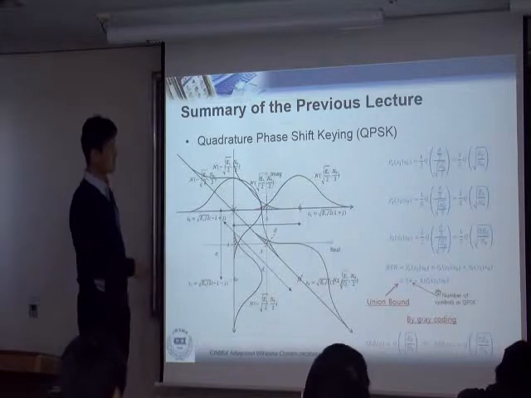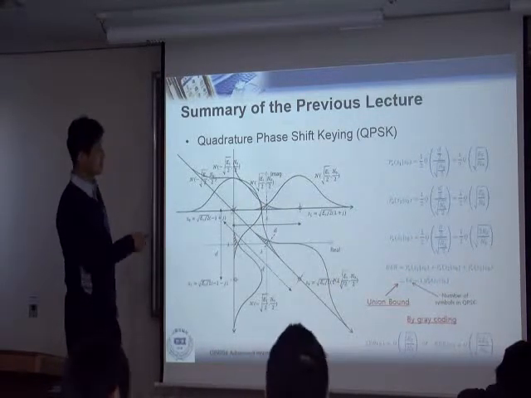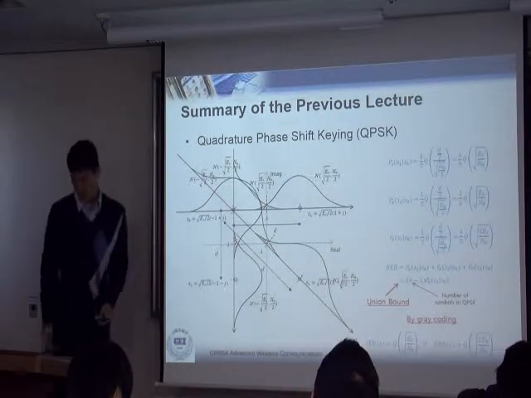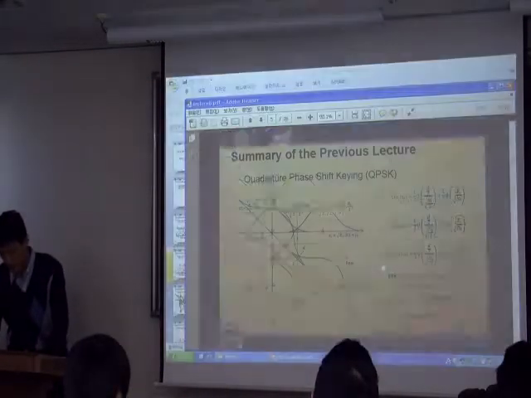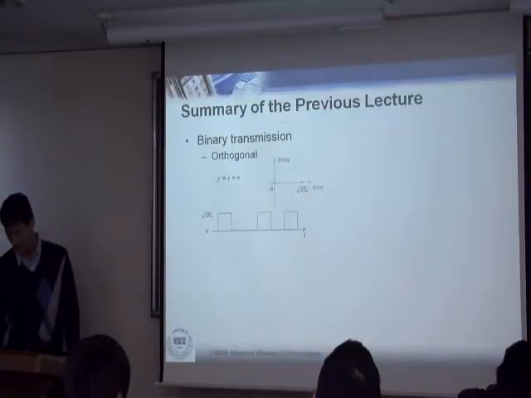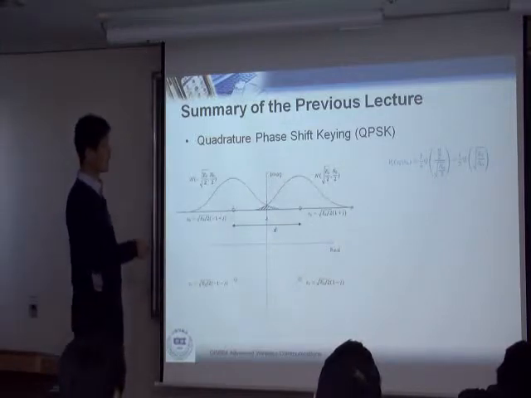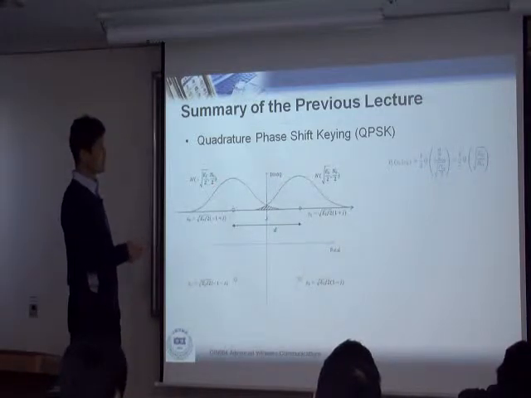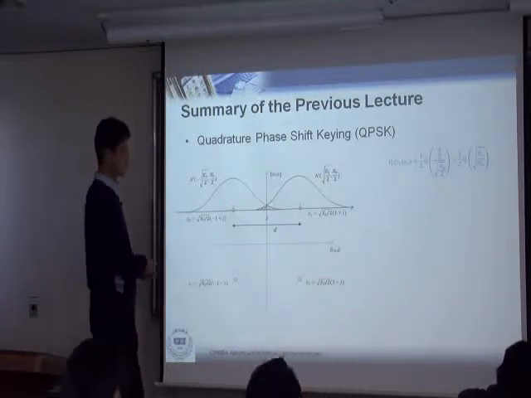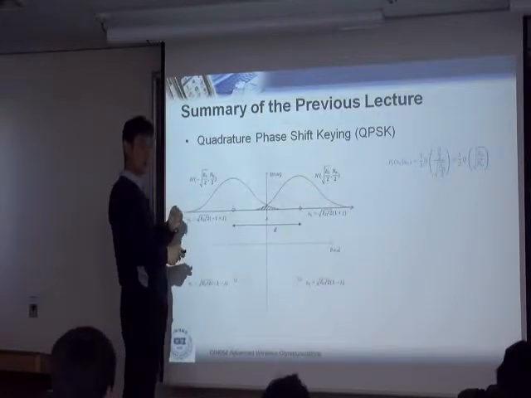Okay, this is a PDF. That's why I cannot show you the animation. But anyway, if you remember this animation, let me go back to the animation. That animation basically shows you that QPSK can be split into 3 different binary transmissions. Suppose when you transmit this symbol, we are talking about only the error case.